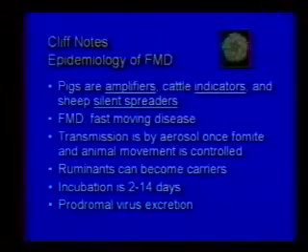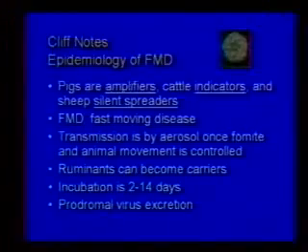We can recognize that foot and mouth disease also stands for, or at least the letters stand for, fast-moving disease, and that's very important to remember. And we also can recognize that transmission is by aerosol once fomite and animal movement is controlled. And fomite in this context is obviously contaminated equipment, such as a veterinarian may take from farm to farm.